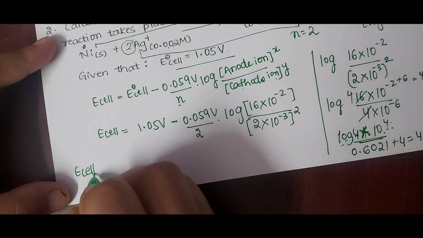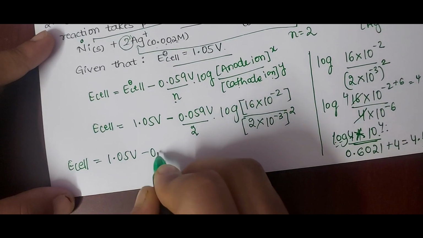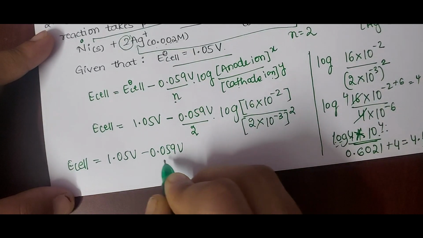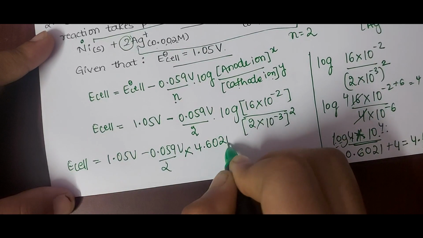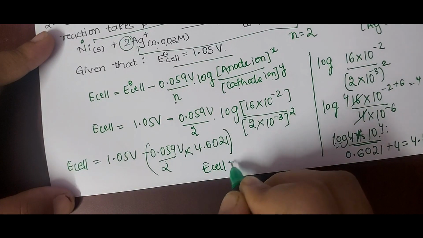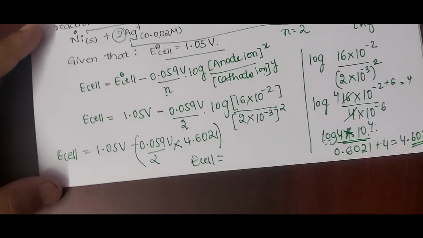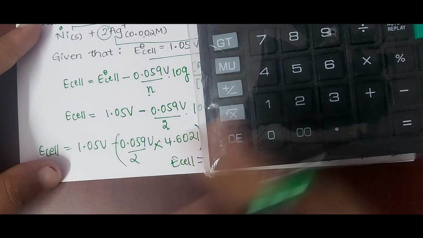Now when we substitute it here, what do we get? E cell equal to 1.05 volt minus 0.059 volt divided by 2 into 4.6021. So when you simplify it and calculate the answer, how much do we get, we'll check it. So here first we will simplify this term and then deduct with it.